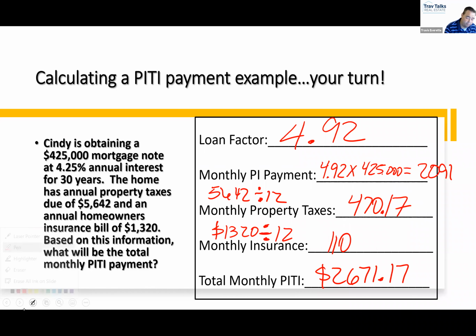Just add them all together. 2091 plus the 470.17 plus the 110. That equals a total PITI payment of 2671 and about 16 or 17 cents. That is how you fully calculate a monthly payment.